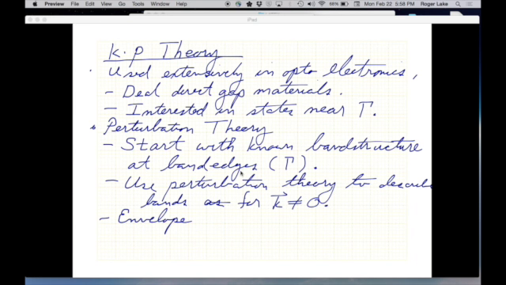But in this, you really don't have any information about the individual atomic layers, because you're using as your basis state these bulk states at the gamma point, which are just a linear combination of the A and the B atom.